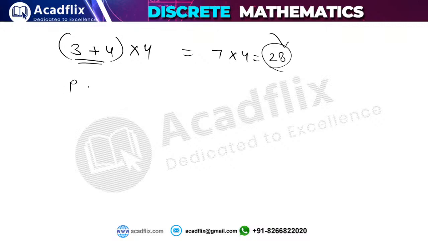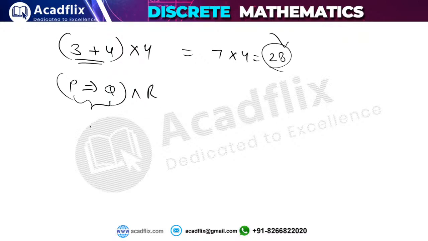Similarly here also, if we have this statement, then first we will do the implication. Why? Because bracket has the highest precedence. So first we will do the implication, then we will do the conjunction.